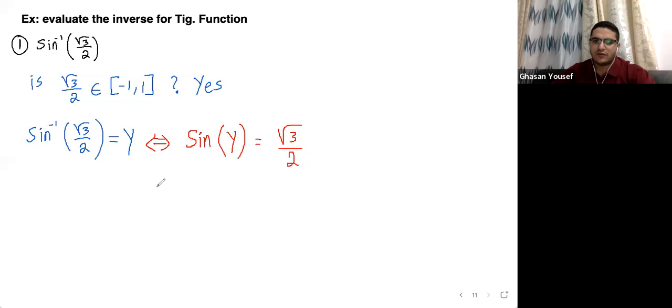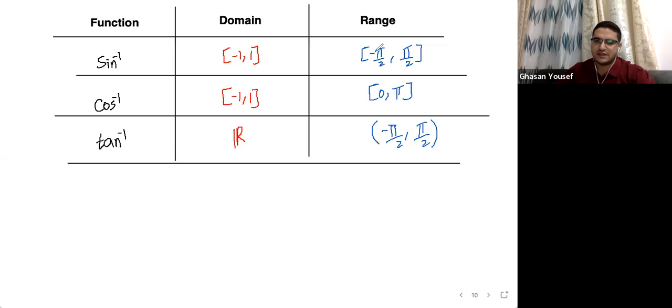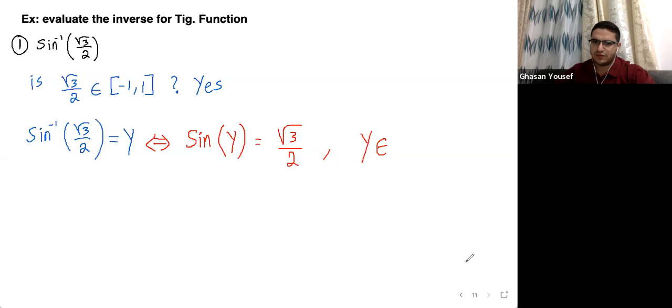Now you're looking for y. This y must belong to the range. This is the range from -π/2 to π/2.